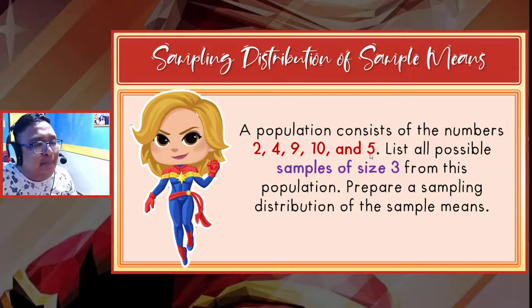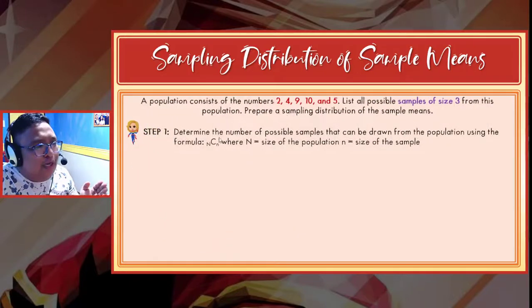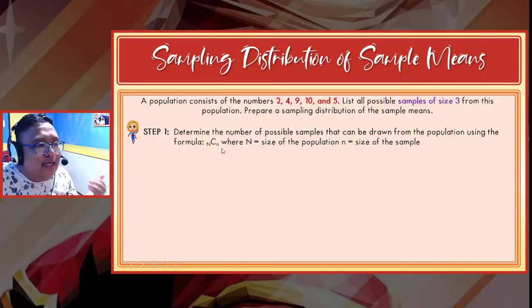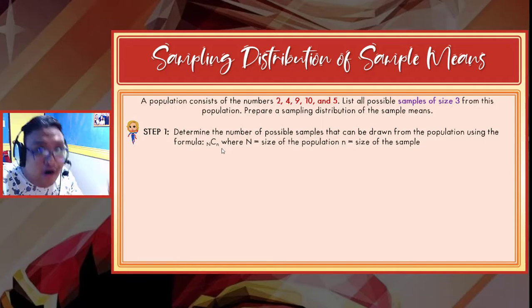Now, prepare a sampling distribution of the sample means. The first thing that we must do is to determine the number of possible samples that can be drawn from the population using the formula nCr in your calculator, where N is the size of the population and n is the size of the sample, or r.